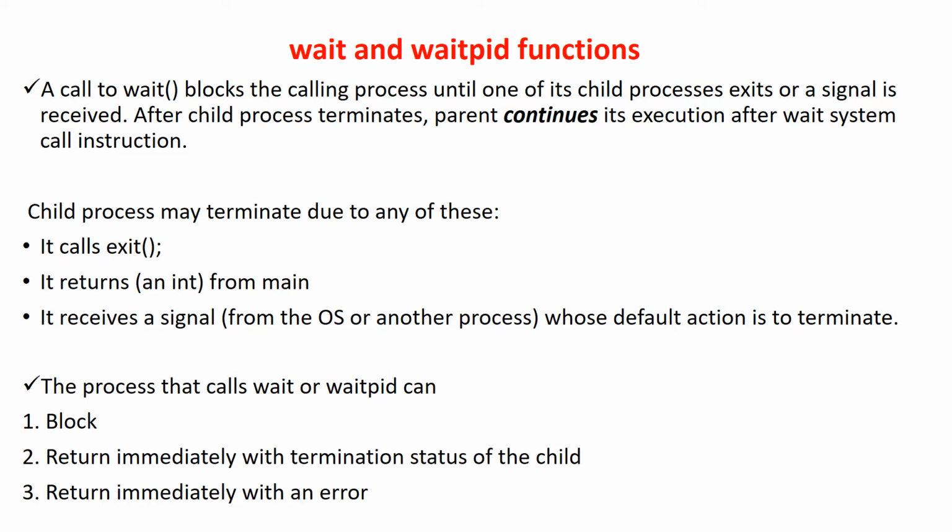After the child process terminates, the parent continues its execution after the wait system call. Here, the termination of a child is an asynchronous event. The parent can ignore it or can provide a function that is called when the signal occurs.